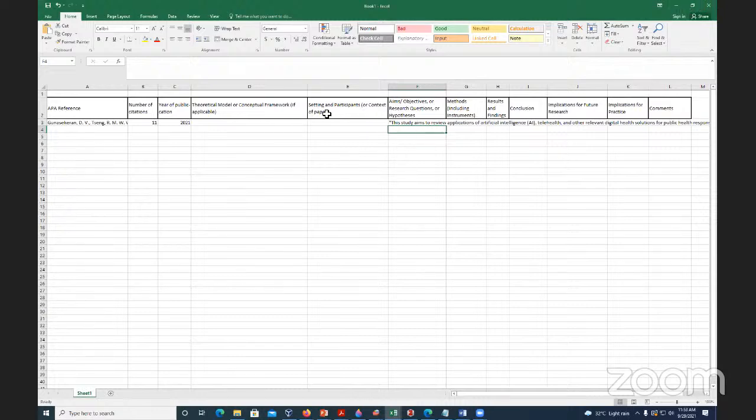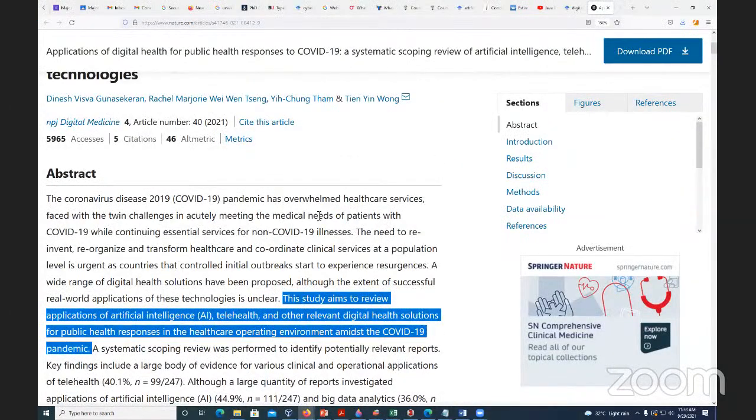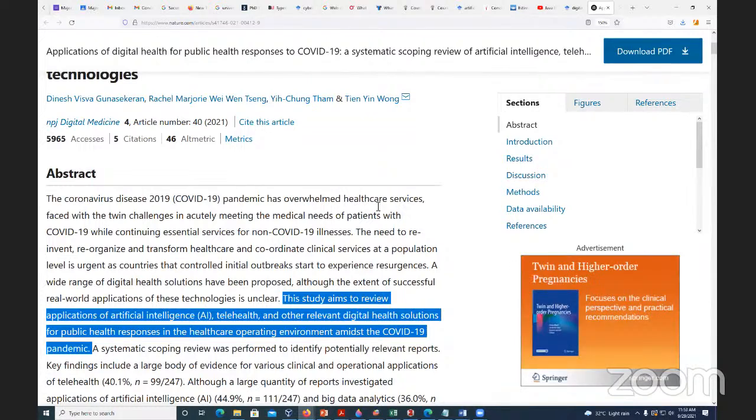We wanted to know the setting and participants or context of the paper. So let's go back to the paper to see what that is. What is the context or the setting? This particular paper is all about COVID-19, and there is a need. So the context is COVID-19 has led to more use of healthcare services.